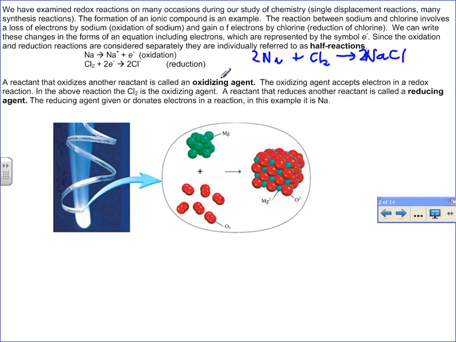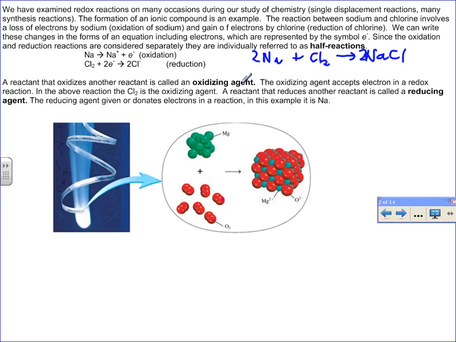Now we can also refer to substances as either being the oxidizing agent or the reducing agent. The oxidizing agent is the substance that is allowing something to be oxidized. So it's allowing something to lose electrons. Therefore, it is the substance that is reduced.